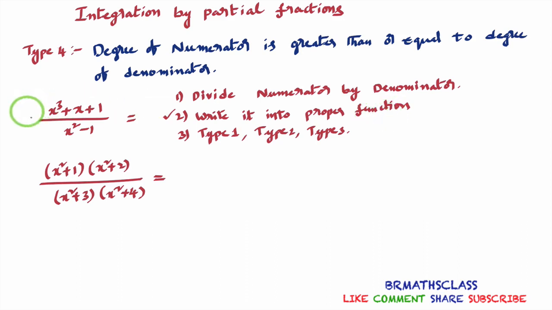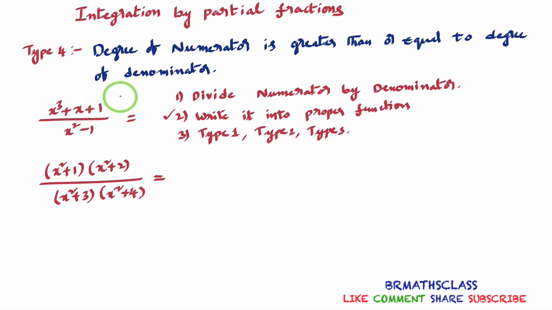Once you are able to write this improper function as a proper function, then it comes under one of these types, type 1 or type 2 or type 3, and then we will proceed further. Try to understand, whenever you identify an improper function, first we will convert it into a proper function. How to convert an improper function into a proper function? You just divide this numerator by denominator. When you convert this improper function into a proper function, then we can identify that this comes under type 1 or type 2 or type 3.